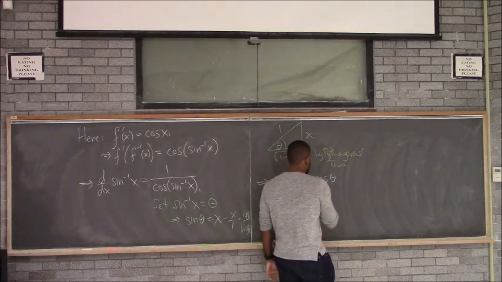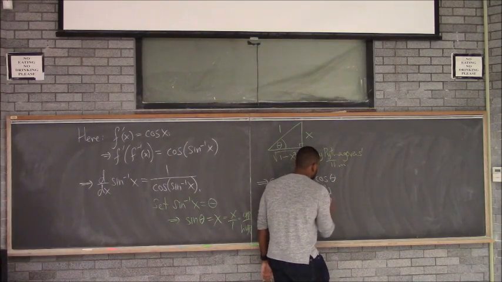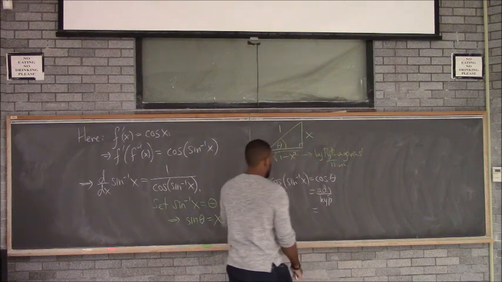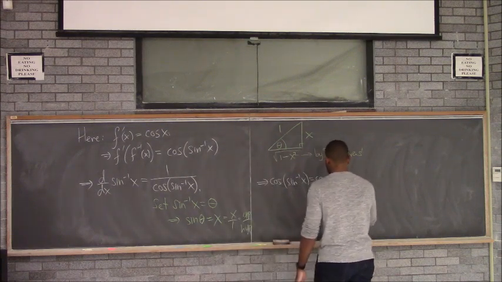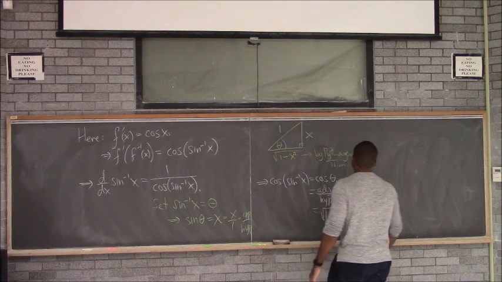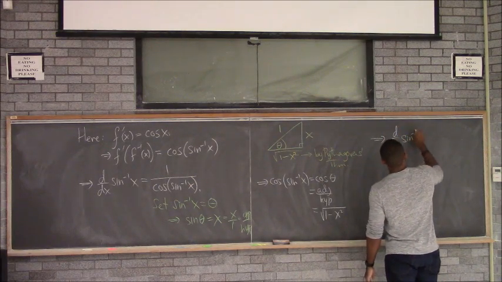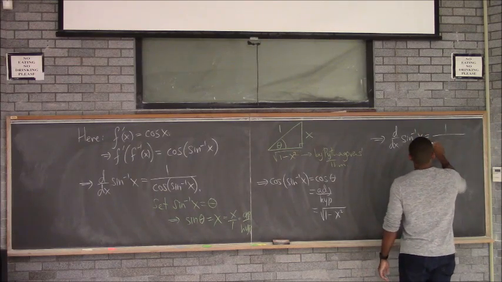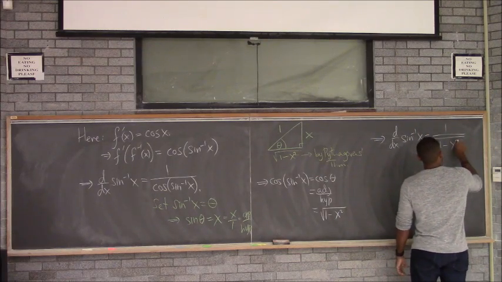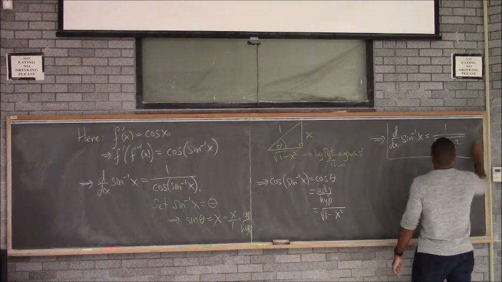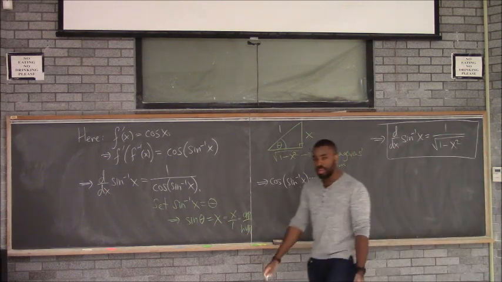Well, that's just going to be adjacent over hypotenuse, and that's just the square root of 1 minus x squared over 1. This means the derivative of the sine inverse function is 1 over the square root of 1 minus x squared. That's something that we know now.